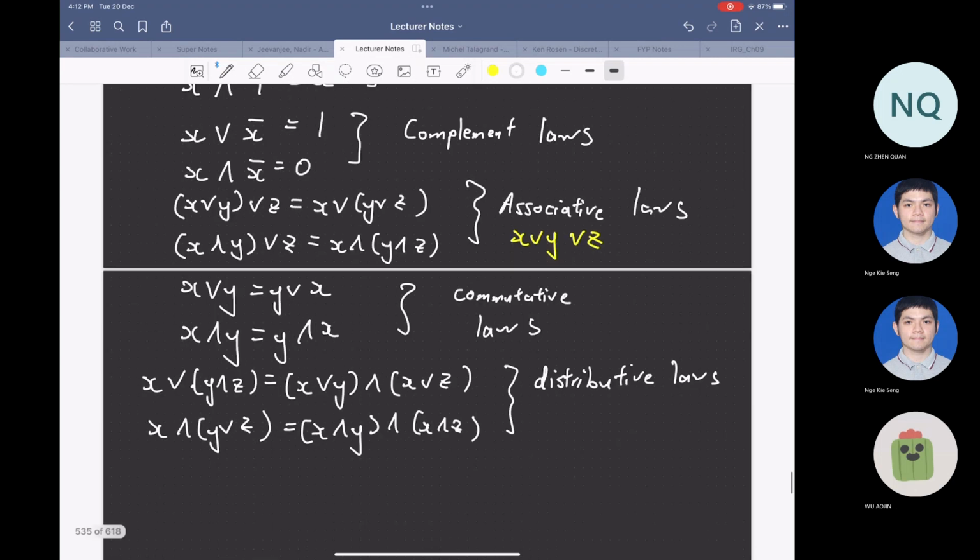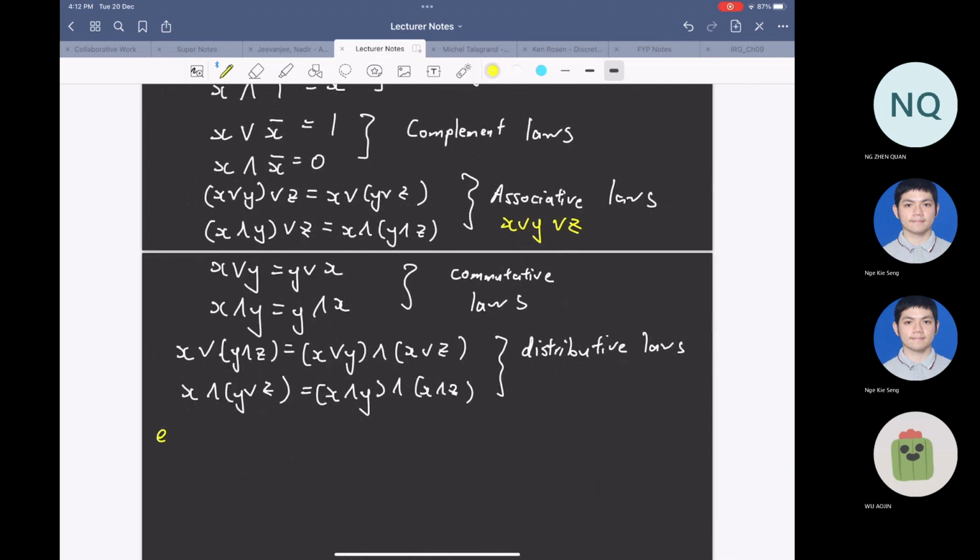Just to remind you of the example we did in the very first week, propositional logic. Inside propositional logic, what are the things we care about?